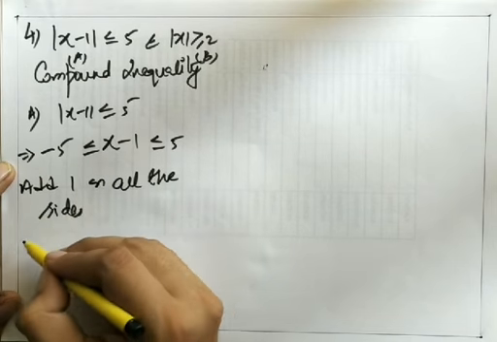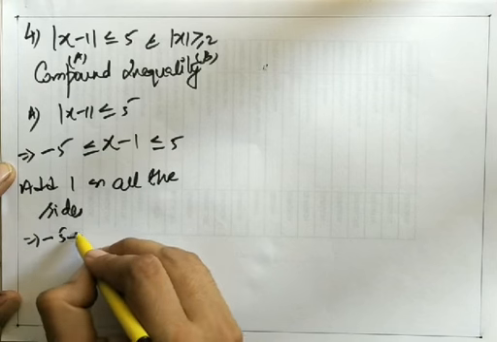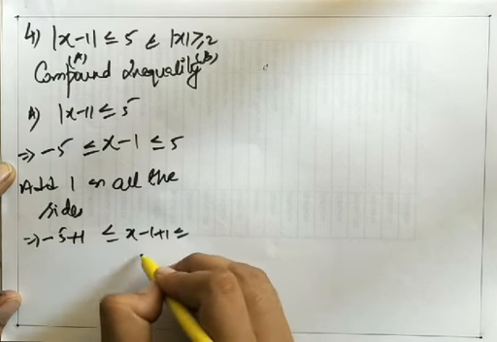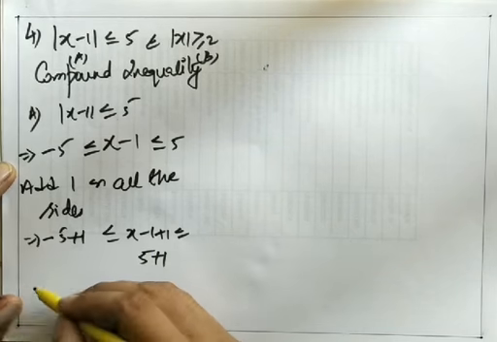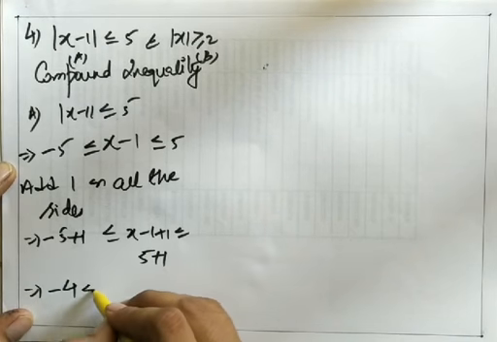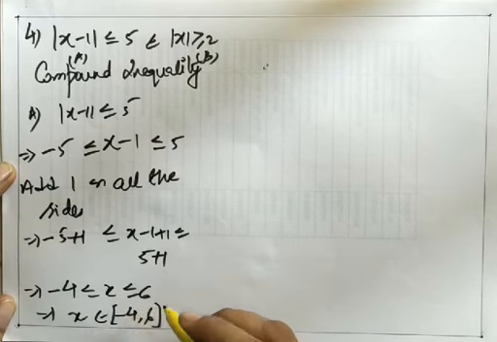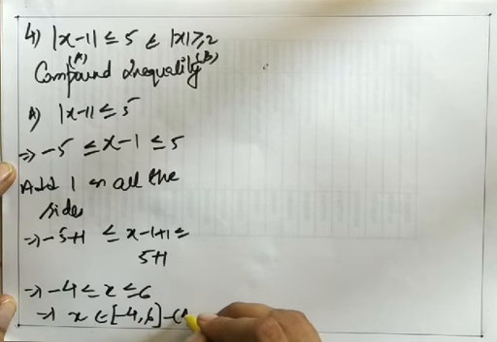So this will give minus 5 plus 1 is less than or equal to x minus 1 plus 1 is less than or equal to 5 plus 1. So this will give minus 4 is less than or equal to x is less than or equal to 6, or you can say x belongs to [minus 4, 6] in square brackets. This is the answer to the A inequality.